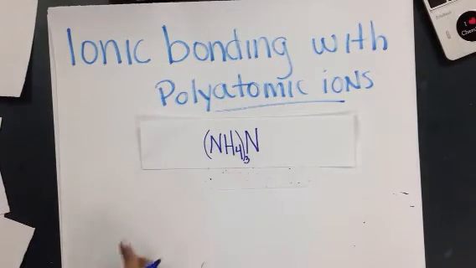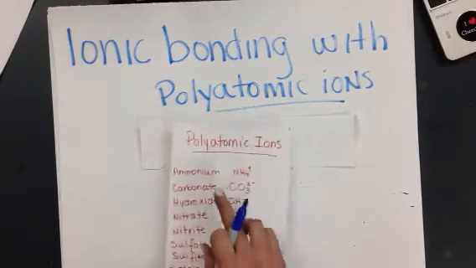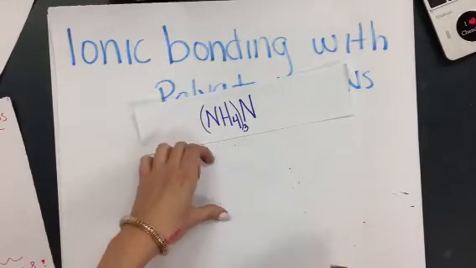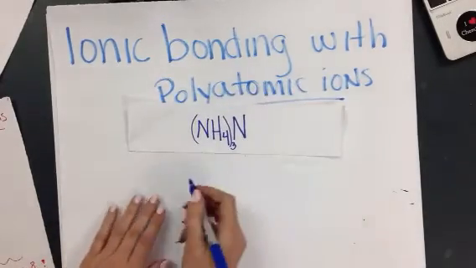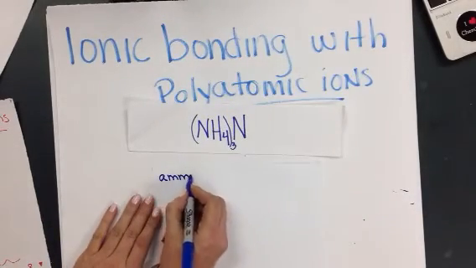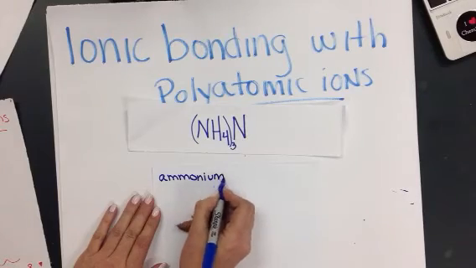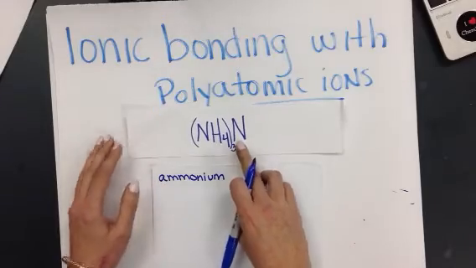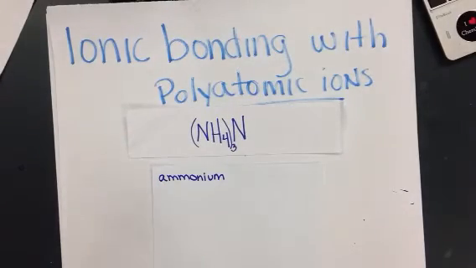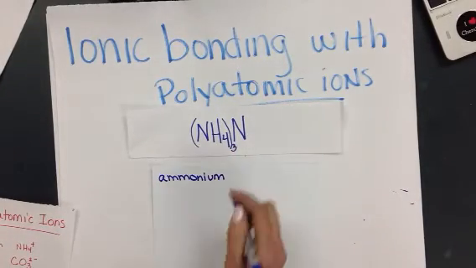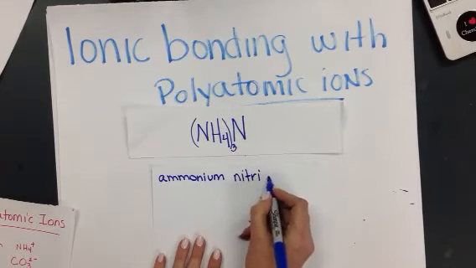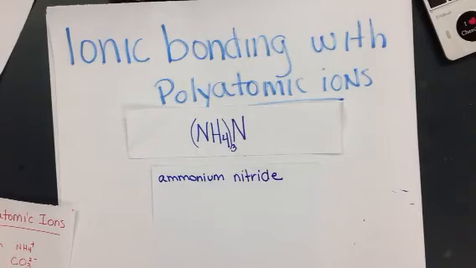Again, NH4 must have been ammonium. So, no name change. Ammonium. Okay, now, that was nitrogen, which is on the periodic table, and it's an anion. This one does get changed to nitride, ammonium nitride.